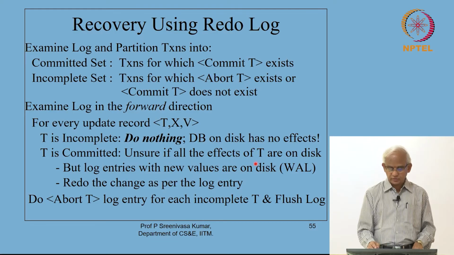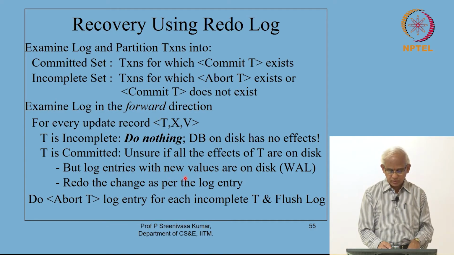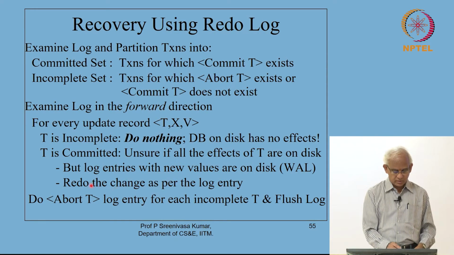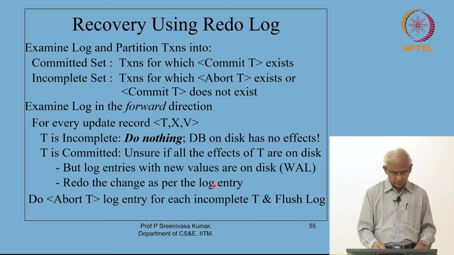But fortunately, because of the write ahead logging principle that we have as part of the redo logging method, we have all these log entries which record the new values already on the disk. So, we will make use of those log entries and redo all the changes as per the log entries, starting from the beginning.